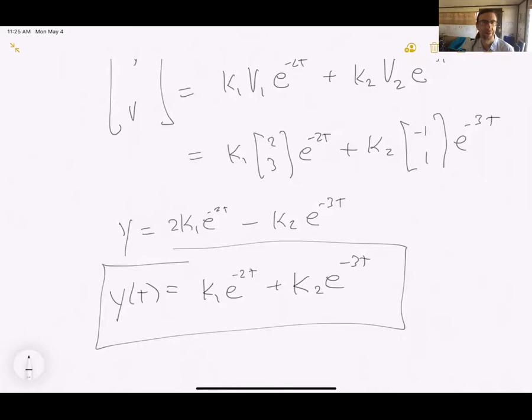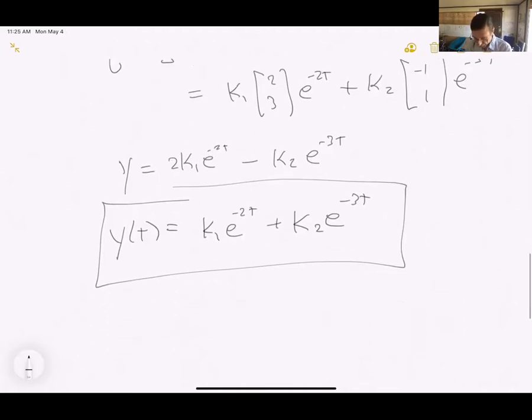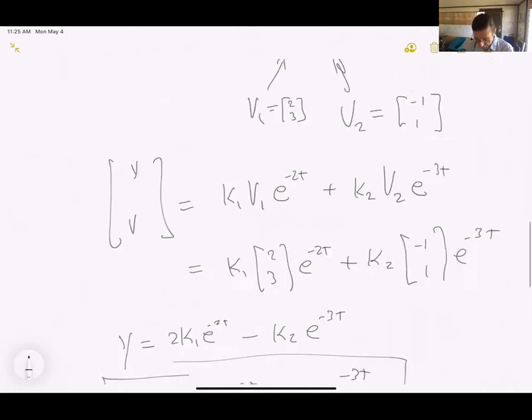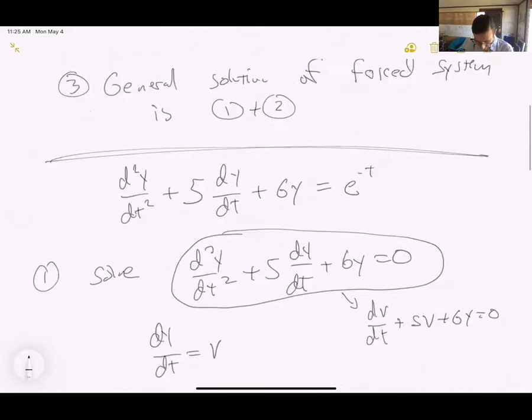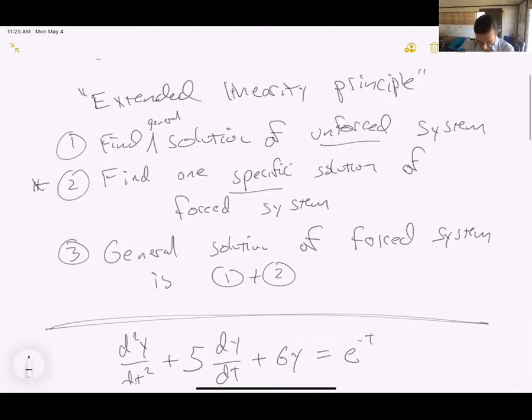Everybody understand why? Okay, cool. All right, that was step one: find the general solution of the unforced system. Done. Step two was to find one specific solution of the forced system.